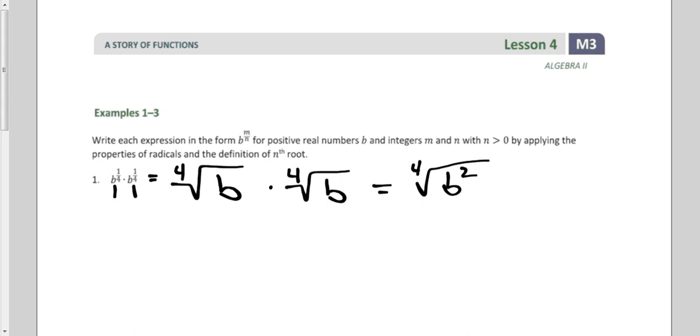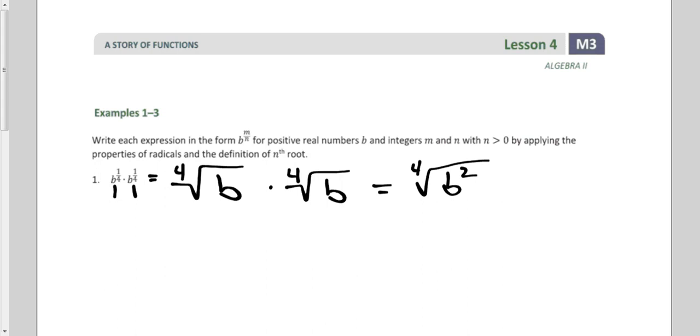Now, think about this. What times itself 4 times gets me b squared? So let's use numbers instead of b. Let's say b is 2.